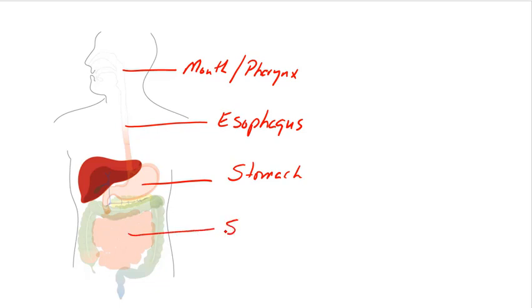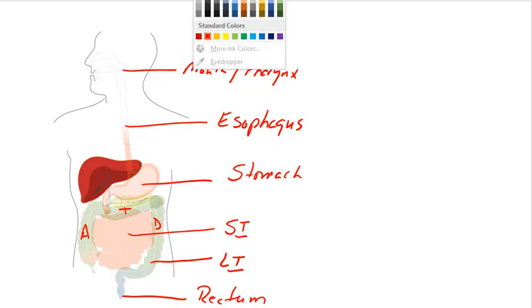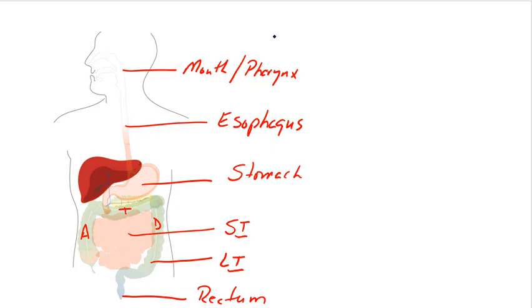Then there's the longest section, the small intestine. Next is the large intestine. It has an ascending, transverse, and descending portion. Finally, the terminal section of the large intestine and the rectum are in the pelvic cavity.